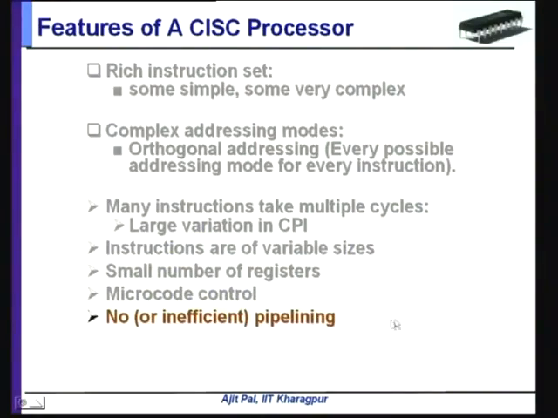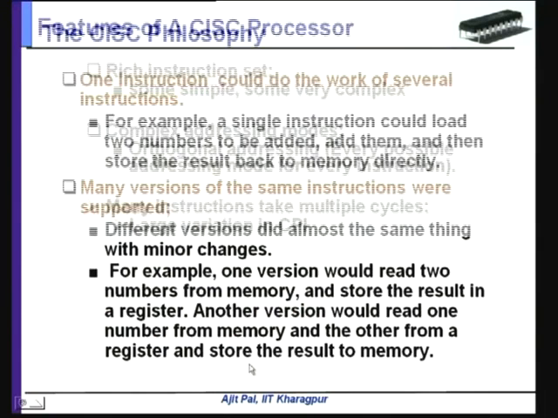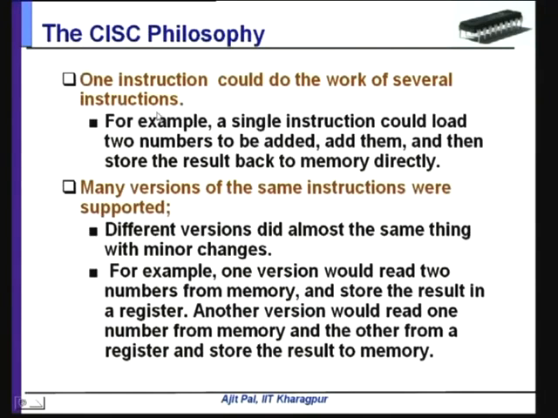Normally, the CISC processors use a microprogram control unit, and it is very difficult to implement pipelining in CISC processors. Obviously, one instruction could do the work of several instructions because it is quite complex, and there may be many variations of CISC instructions because it involves memory and registers.